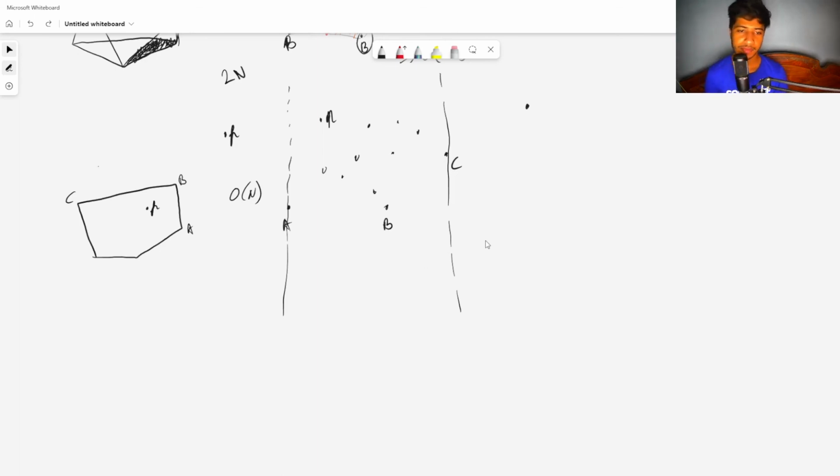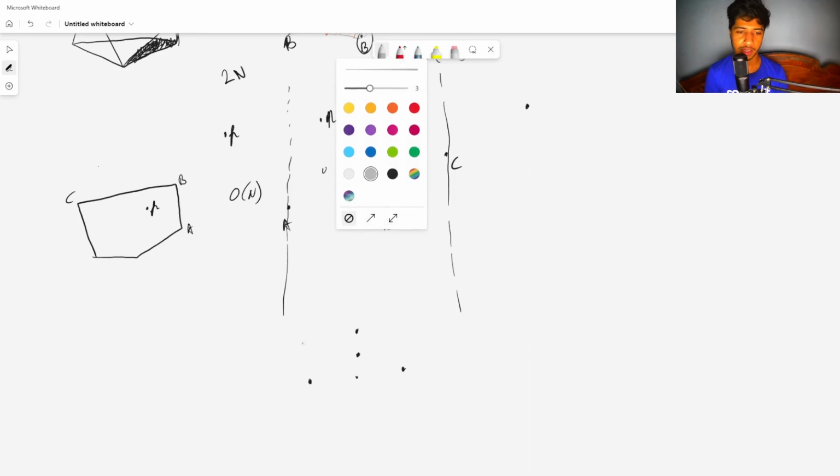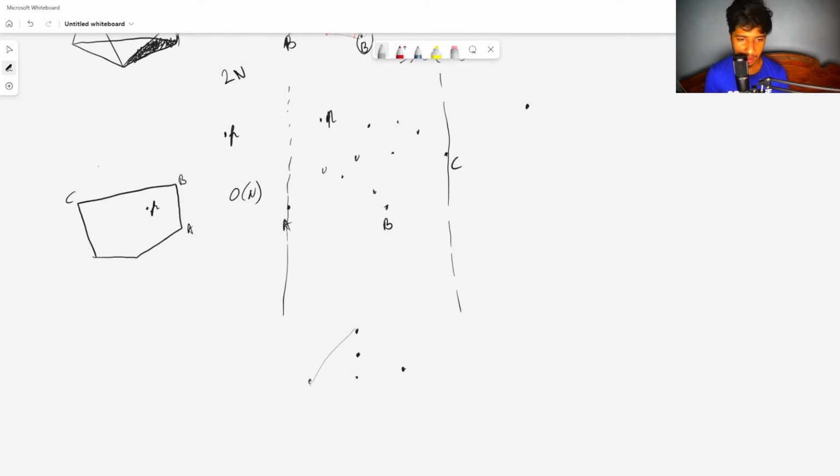Let's say your points are something like this, and your convex hull looks like this. You can see this point and this point, these 3 are collinear points.